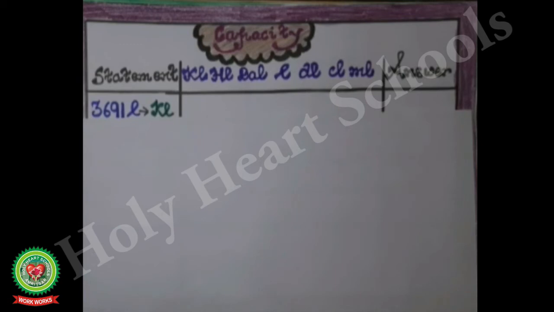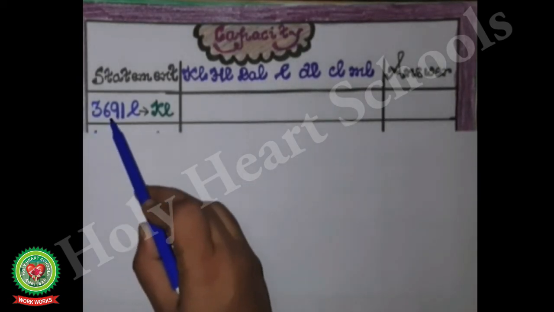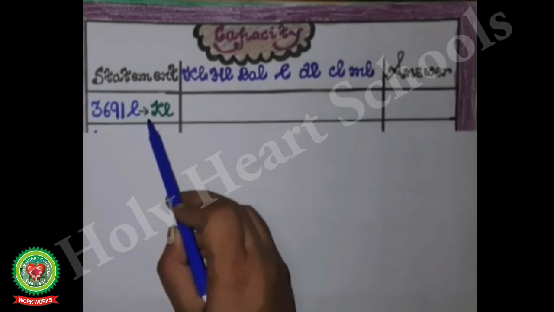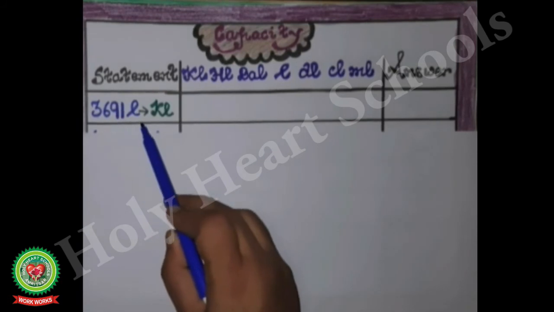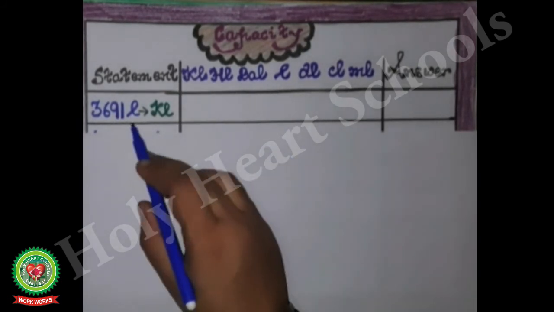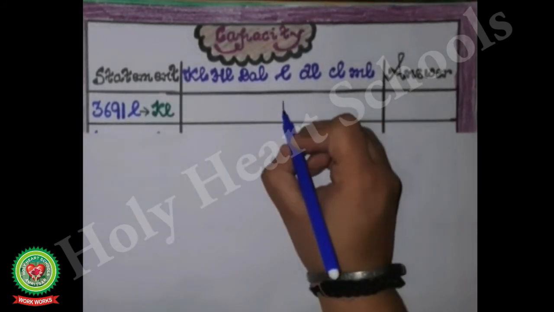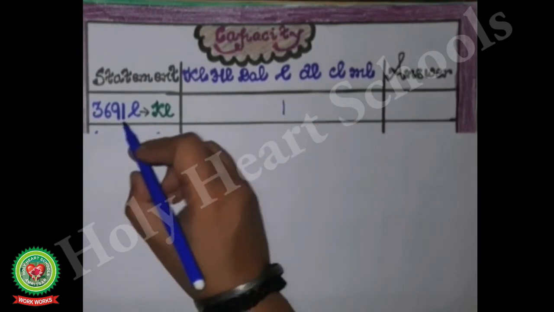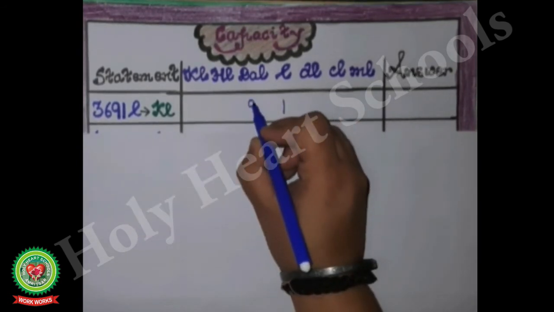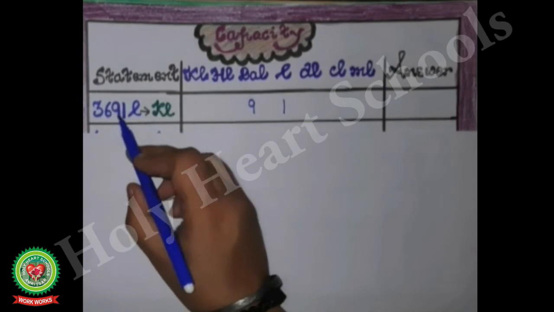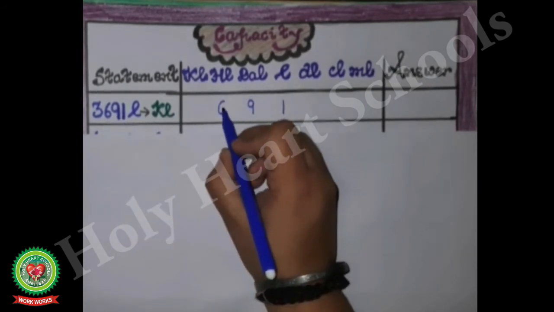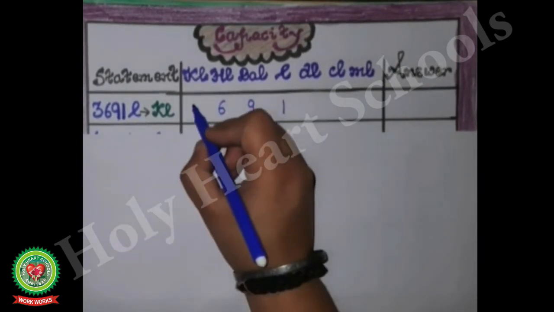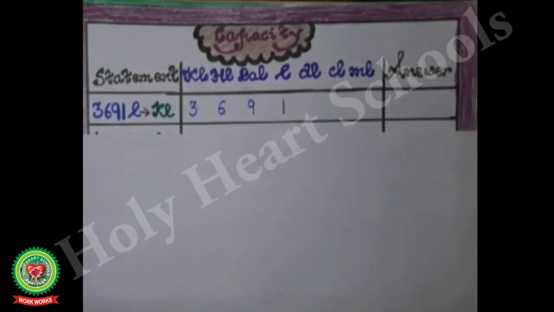Now, let's take example number 1. 3,691 liters, and we have to convert it into kiloliters. So let's arrange the numbers. 1 under liter, 9 under decaliter, 6 under hectoliter, and 3 under kiloliter.